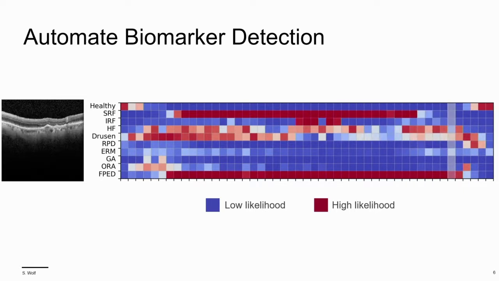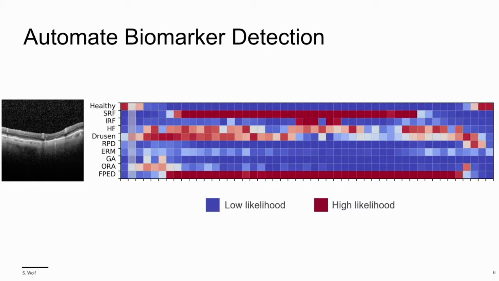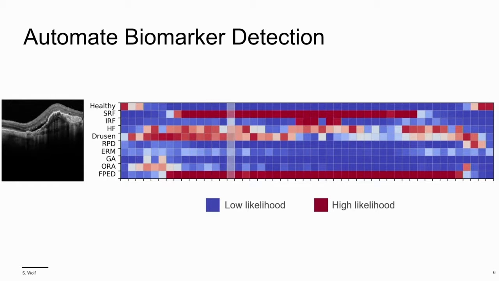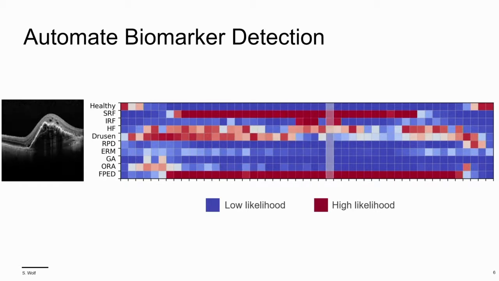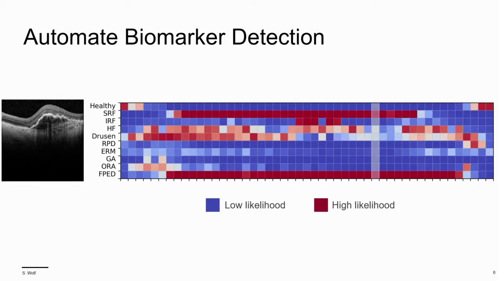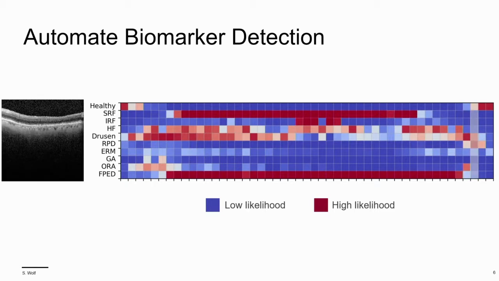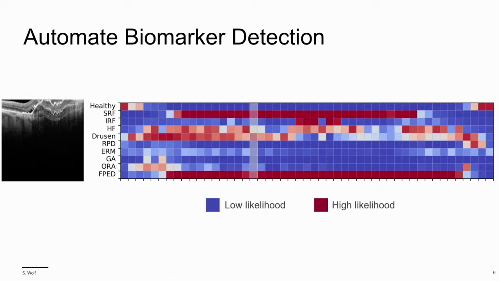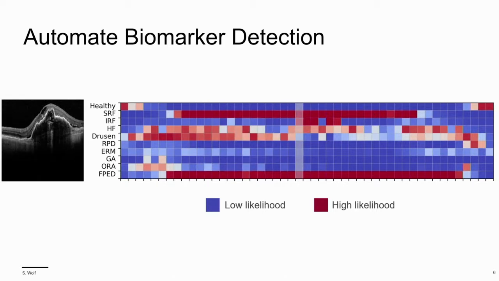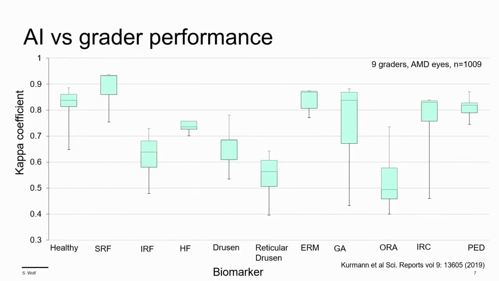And each column is one of the B-scans building up this OCT volume. Here you see that in this volume, predominantly subretinal fluid and fibrovascular PED is present. And you can even get some information in which scans this biomarker is present without having trained the algorithm to look at the position of the different biomarkers.